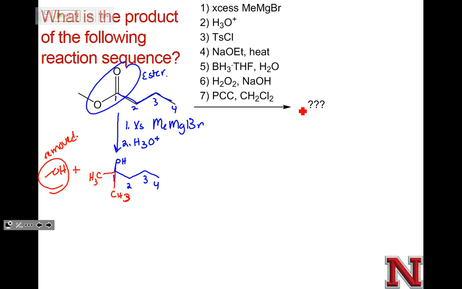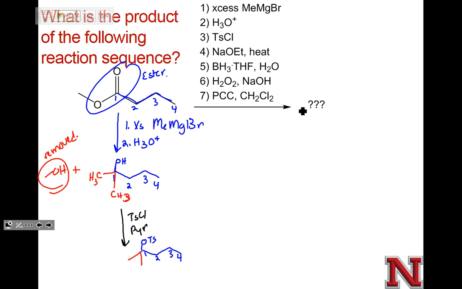Our next step is we're reacting it with tosyl chloride, and really they should have also included pyridine or some sort of base. That's going to make our alcohol a good leaving group. Then we're reacting it with NaOEt in heat.